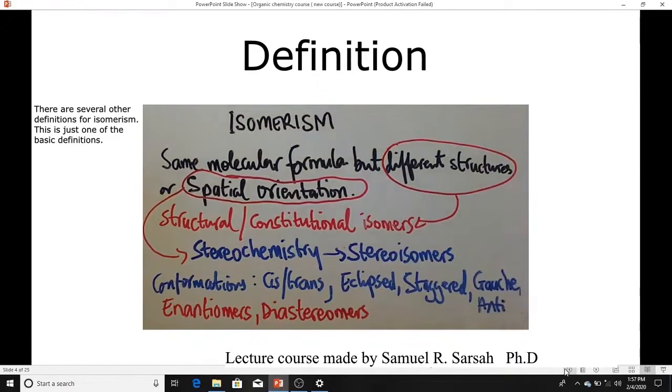And then we will also talk about configurations like R and S configuration. You'll apply that to a situation where you have chiral centers in a molecule. And then we also were talking about E/Z. So this all summarizes isomerism.